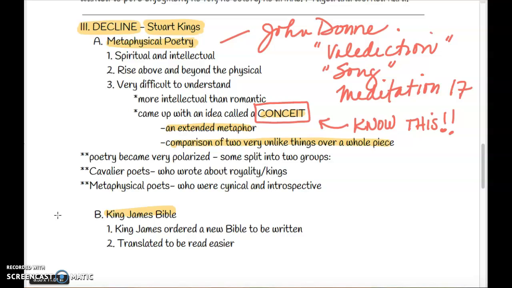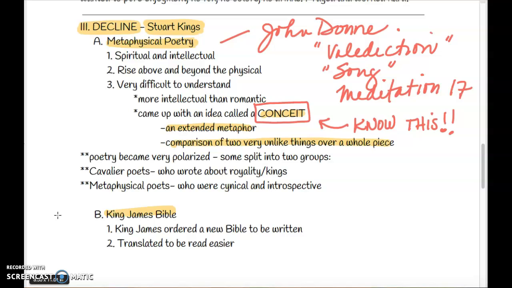So the idea of metaphysical is rising above and beyond the very physical. Think about poems where maybe you write, your eyes are as lovely as the stars and your cheeks are roses, right? That's very physical. It doesn't take a rocket scientist to figure out what those kinds of poems mean.